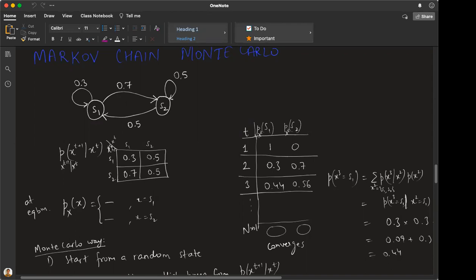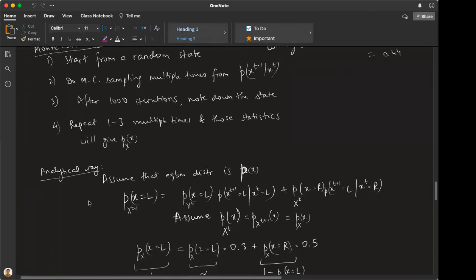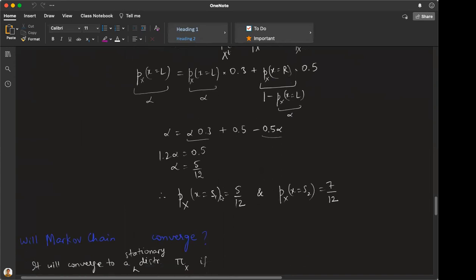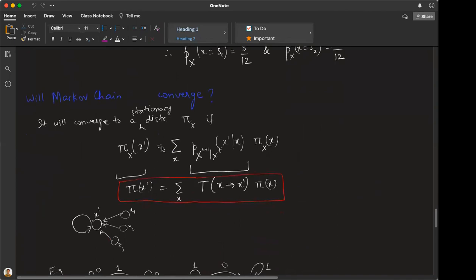Now you want to use this: what is the relationship between this and the probability of x, which is the equilibrium distribution? We found out that the equilibrium distribution is a stationary distribution, and the condition is that if it satisfies this relationship between the transition probabilities and the state probabilities, then if you let these transitions run sufficiently long, they will converge.